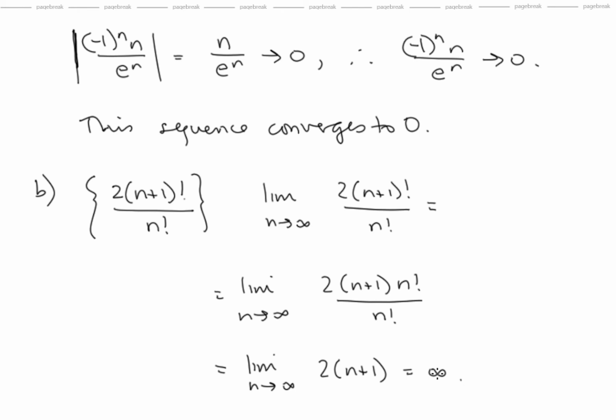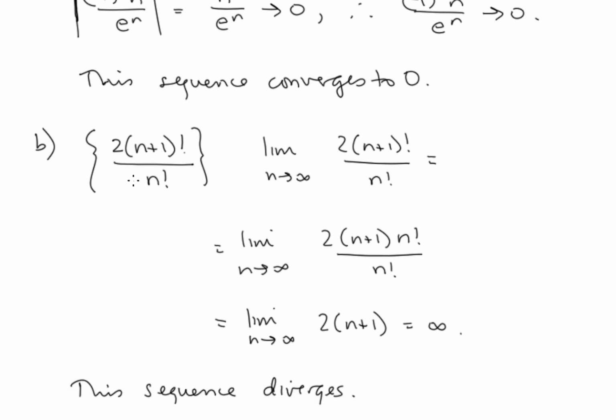Let's take a look at another example: 2 times (n plus 1) factorial over n factorial. Let's take a look at the limit as n goes to infinity of that term. Well, we know that (n plus 1) factorial is going to be (n plus 1) times n factorial.